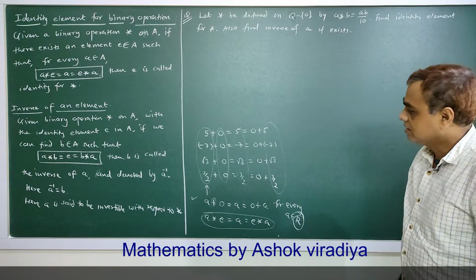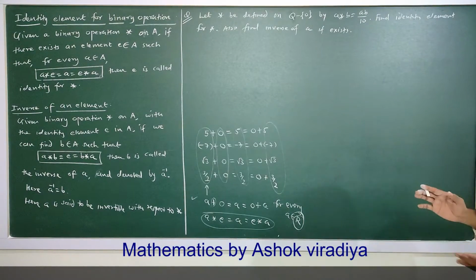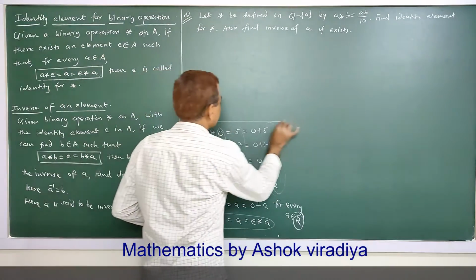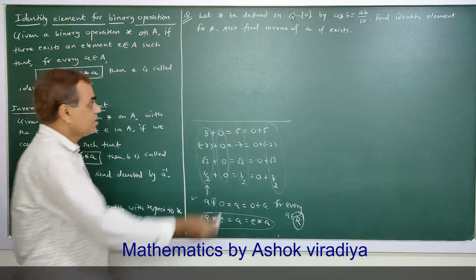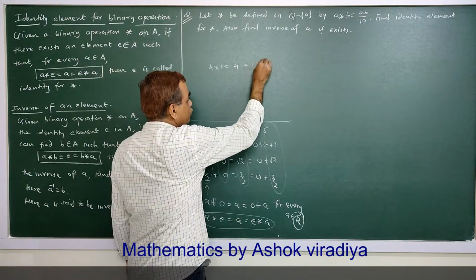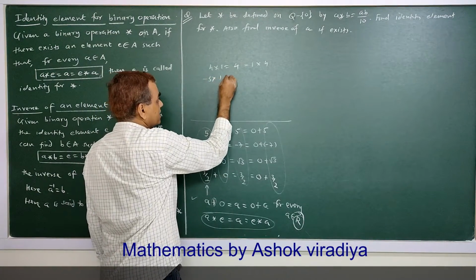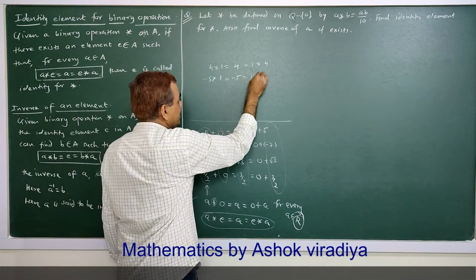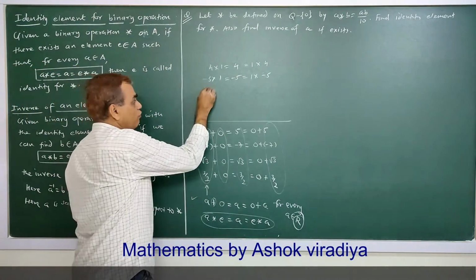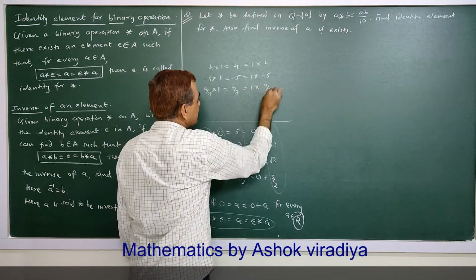This can also be understood by one more operation of multiplication. See, we know that 4 into 1 is 4 equal to 1 into 4, minus 5 into 1 equal to minus 5 equal to 1 into minus 5. 4 by 7 into 1 is equal to 4 by 7 is equal to 1 into 4 by 7.